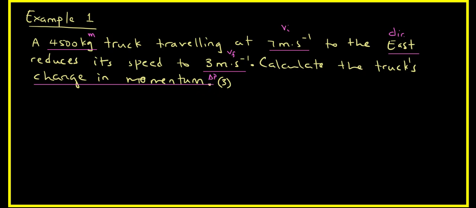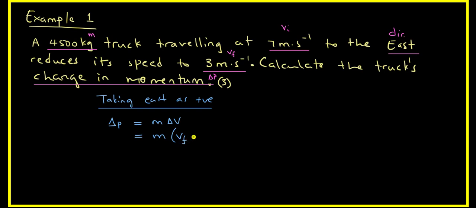So we now have all the information that we need. Choose a positive direction. Let's say taking east as positive. Now I write down my equation: delta P is equal to m delta v, which is the same thing as m times v final minus v initial.